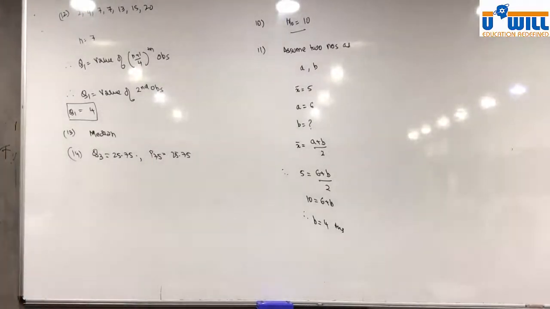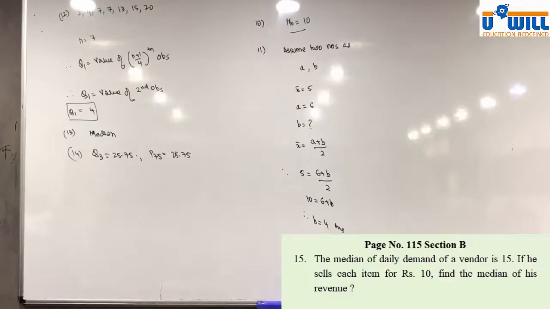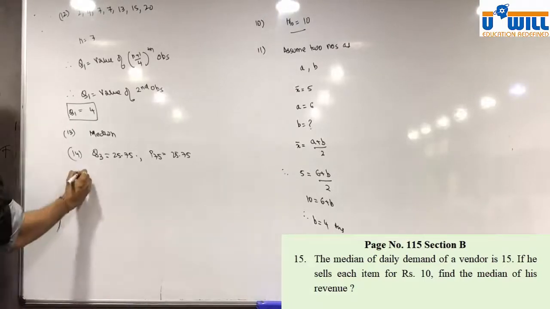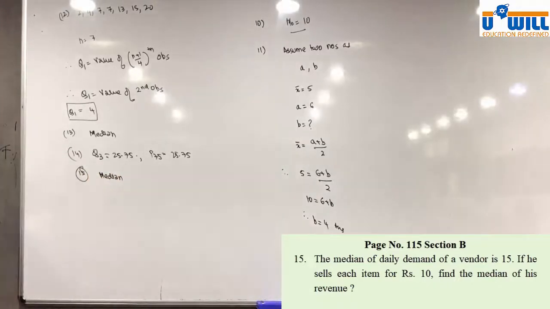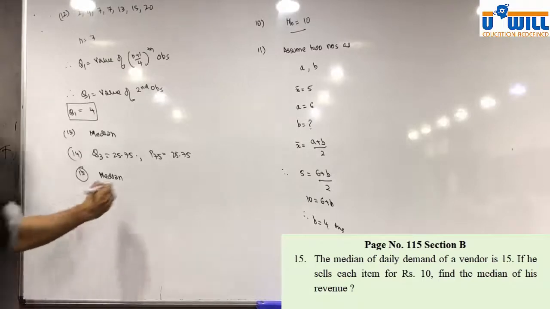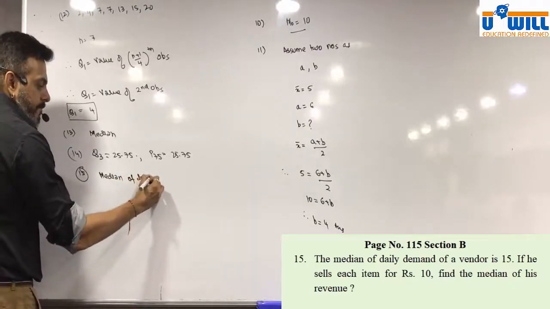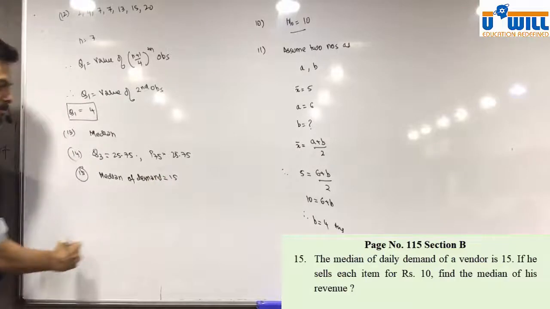Okay, next one, 15. The median of daily demand of a vendor is 15 units. If he sells each item for 10, find the median of his revenue. What will be the median? 150. लिख लो. 15. Median of demand is equal to 15.